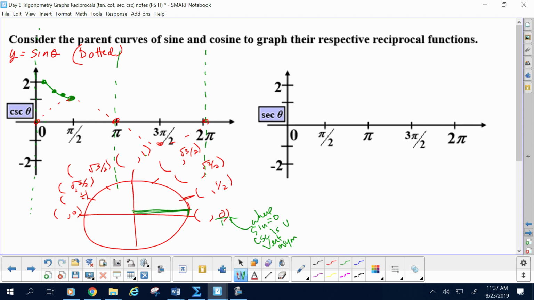What do you notice about the y? When this angle is really tiny, what do you know about the y? It's really small. What happens when you divide by a really small number? You get a really big number. So here, when sine is small, cosecant is huge.